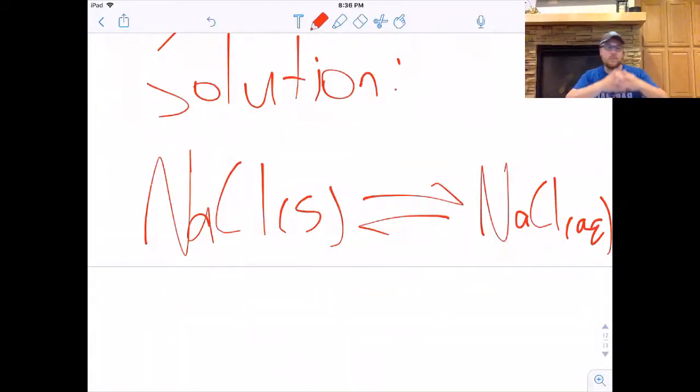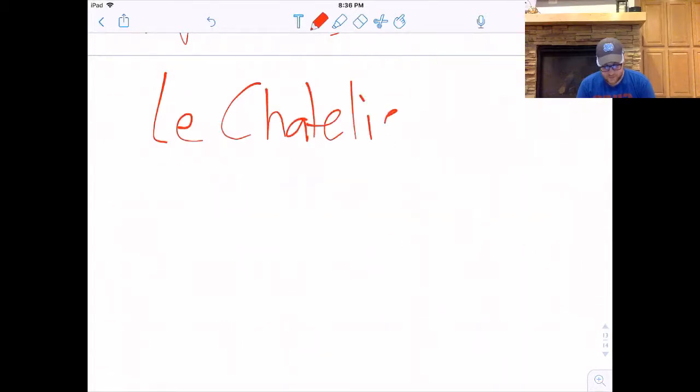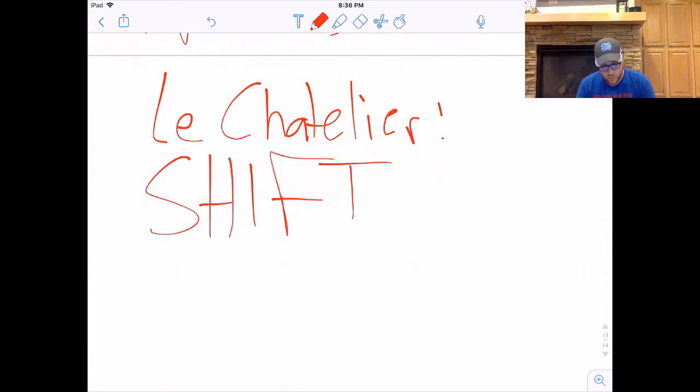But you can disrupt equilibrium, and that's when we get to Le Chatelier, aka shifts. When you or something in nature disrupts a reaction that is in a happy place, that is in a spot of equilibrium, the reaction will respond and shift, increasing the rate of the reaction from one side to the other to get back at equilibrium again.